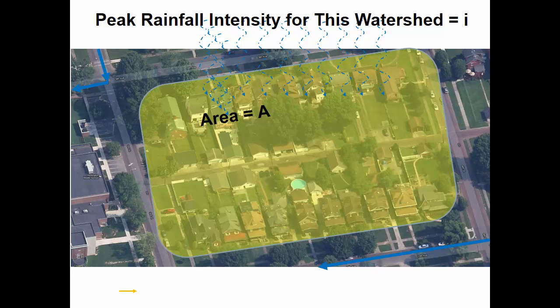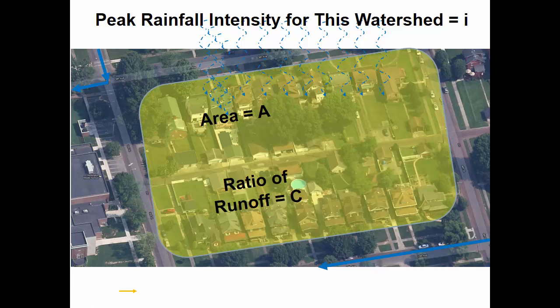So if it rains for only 1 minute but at high intensity, that may not be enough time for the water to flow towards the outlet. So there's this iterative relationship between rainfall intensity and the travel time within the watershed. So that's area and rainfall intensity so far. Any questions?